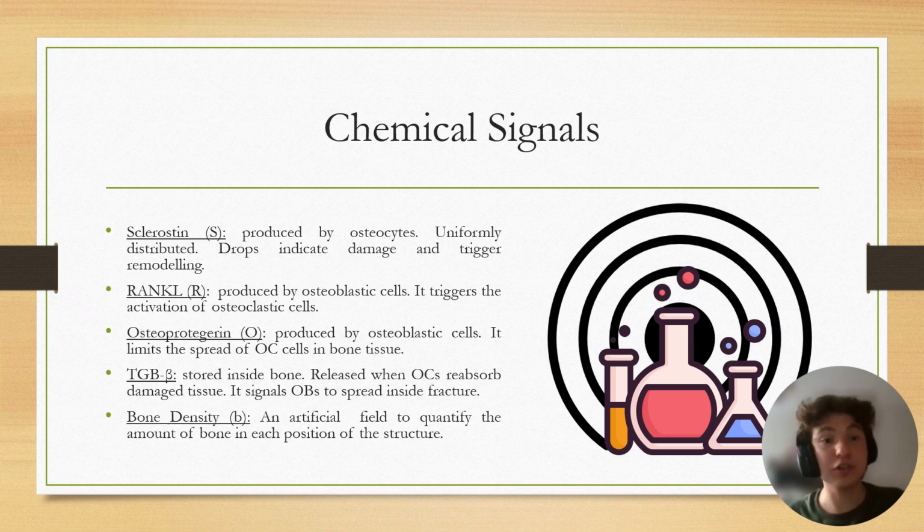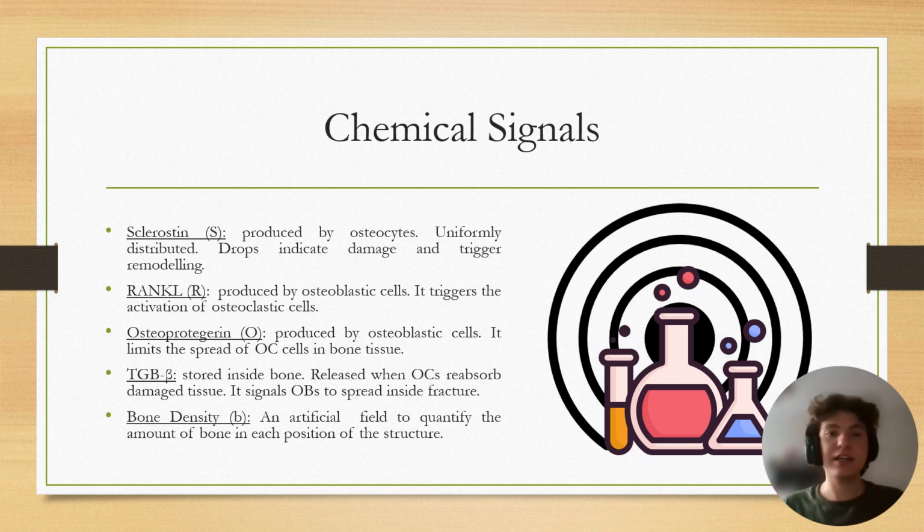Then we have osteoprotegerin, or OPG, which is a signal produced also by osteoblasts, and its function is to limit the movement of the osteoclasts to the damage zone. So the function of OPG is to limit the bone resorption to the damaged area. Then we have TGF-beta, which is a chemical signal stored inside the bone, and it's released when osteoclasts absorb unhealthy tissue.